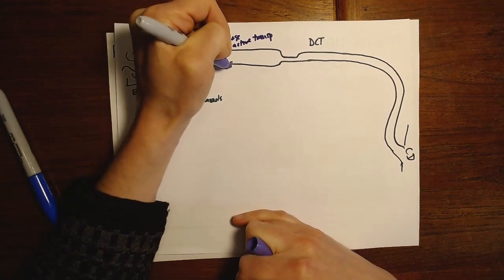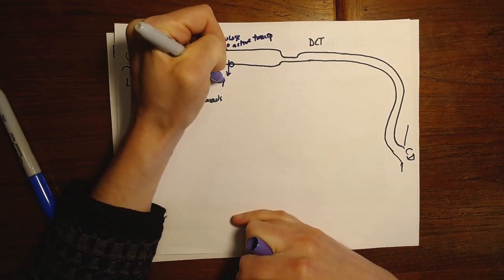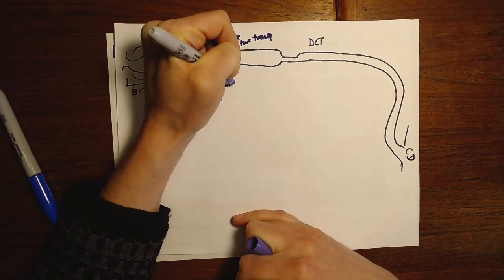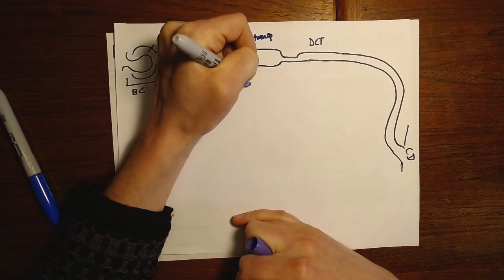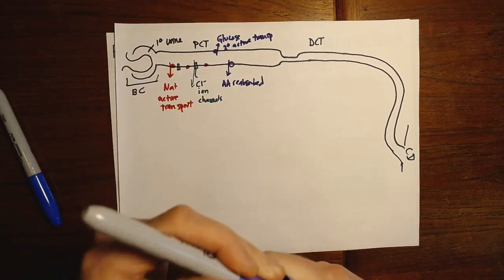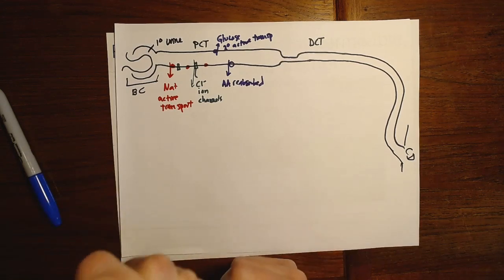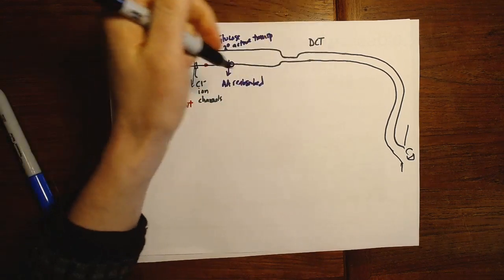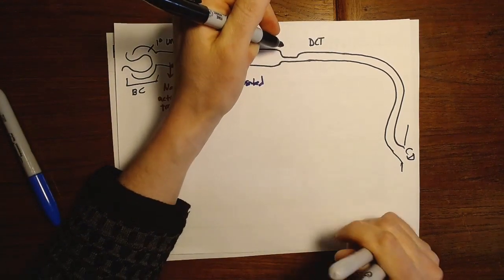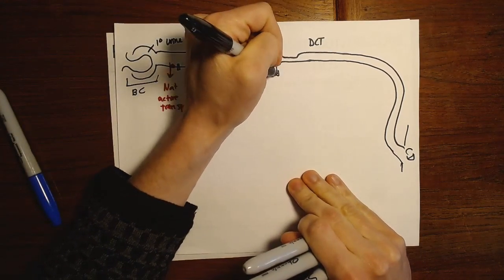And amino acids also get reabsorbed here, and we won't dive into that in great depth. Okay, so what that all means is that by the time the urine reaches the end of the proximal convoluted tubule, it's still isosmotic.